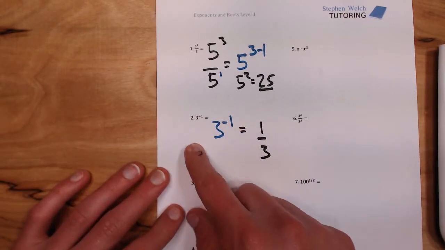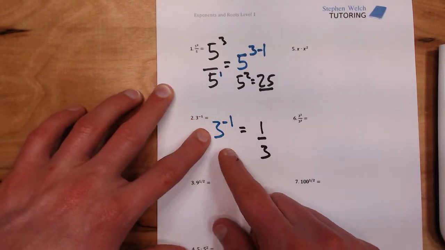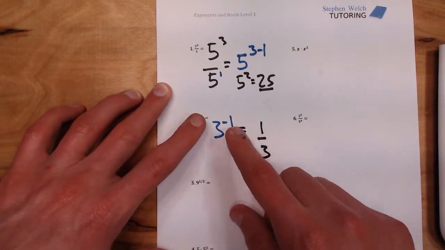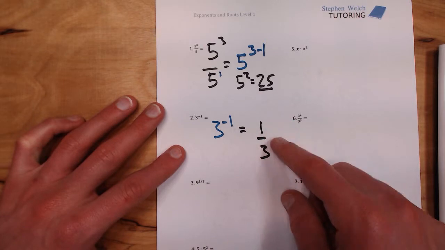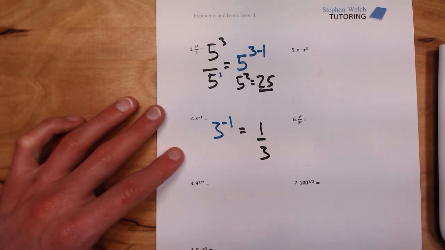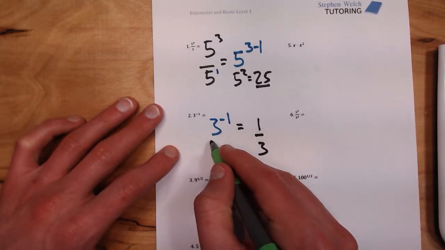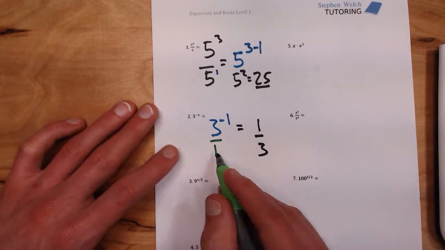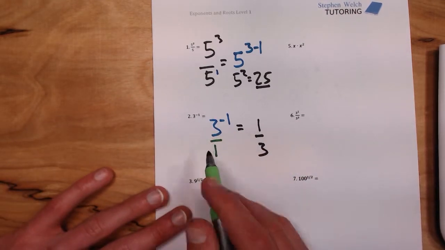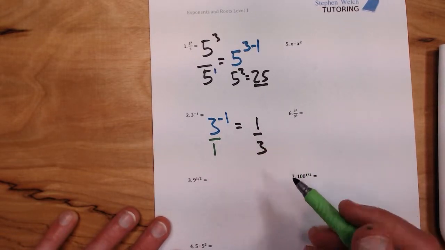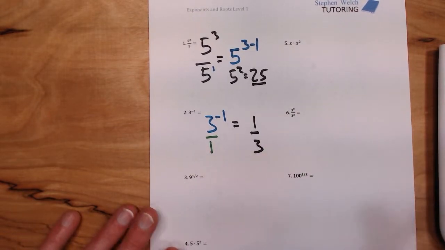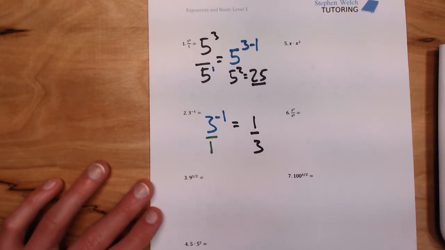So if something's on the top, when we have a negative exponent, whatever's up here is going to get sent downstairs, and it's going to end up below 1 basically. You could also think about this as 3 is the same thing as 3 over 1, right? Because you can divide anything by 1 and it's still just 3. And the negative 1 just flips that upside down. So that's one way to think about it, and again, your calculator can handle it, so that's fine.